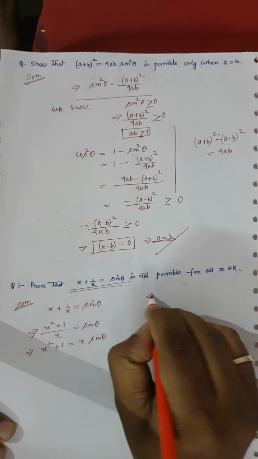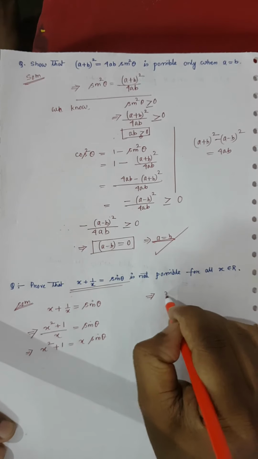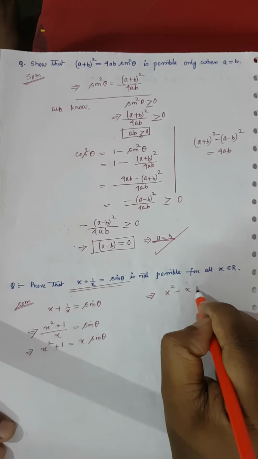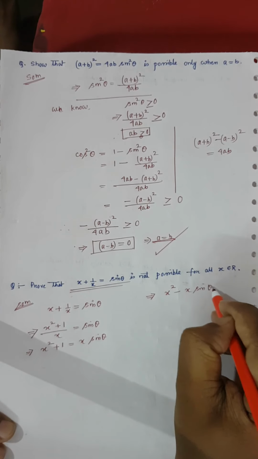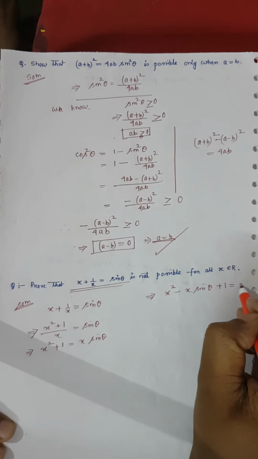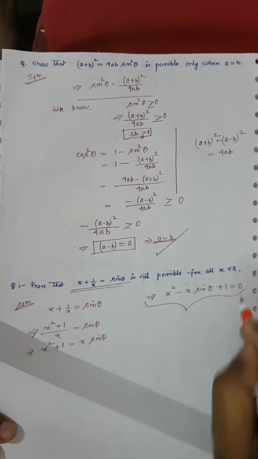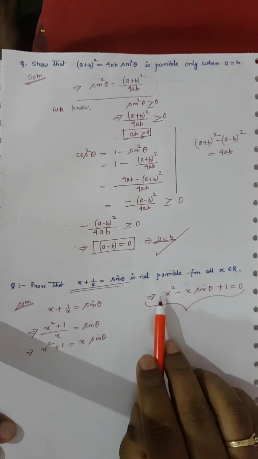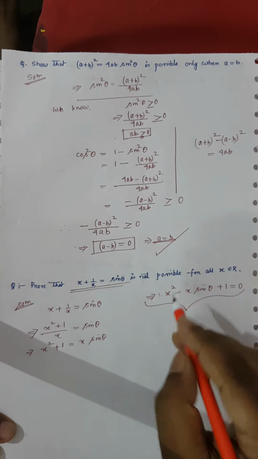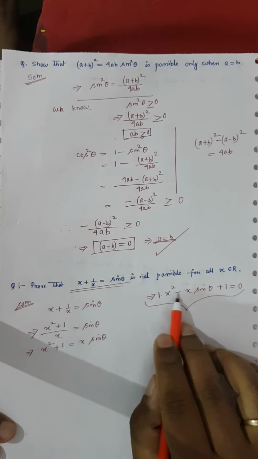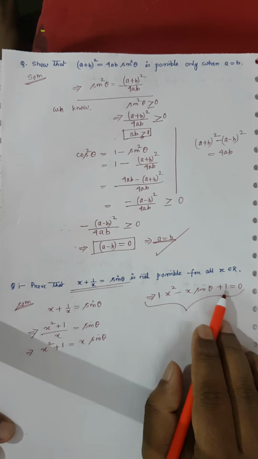So we are getting x square minus x sin theta plus 1 is equal to 0. So we have formed a quadratic expression where the coefficient of x square is 1, the coefficient of x is minus sin theta, and the constant term is 1.